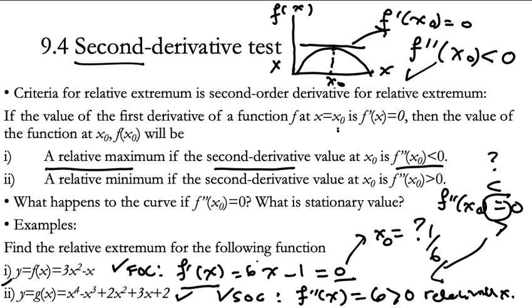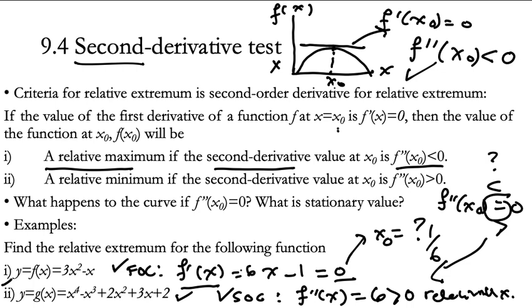The second derivative test can help us in determining whether we have a maximum or minimum point, or we don't have either of them. So f prime x naught is just a necessary condition for the second derivative test. In order to do the second derivative test, you must get the first order condition done first.